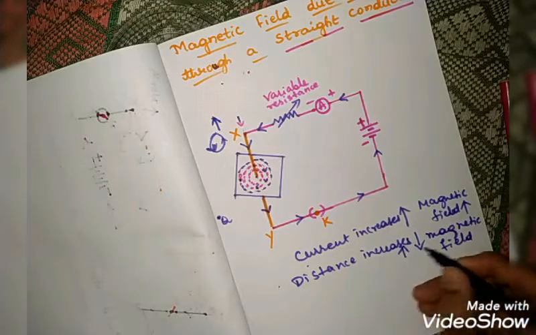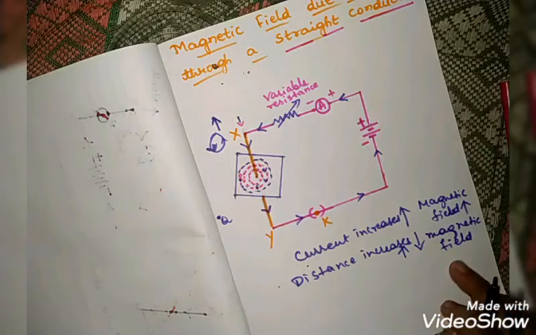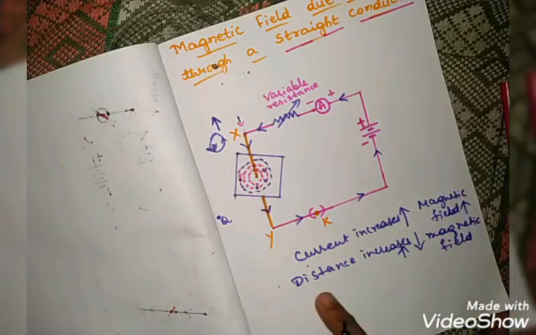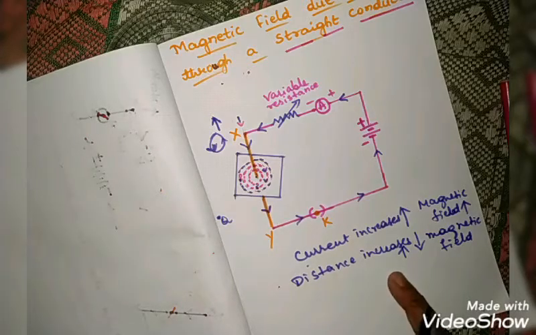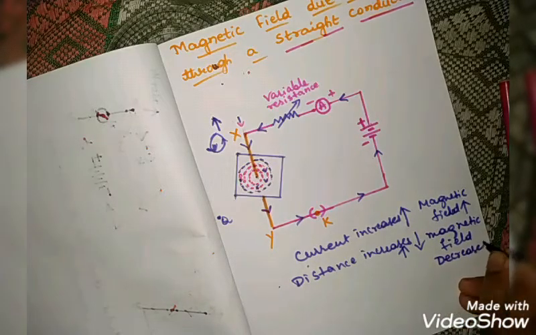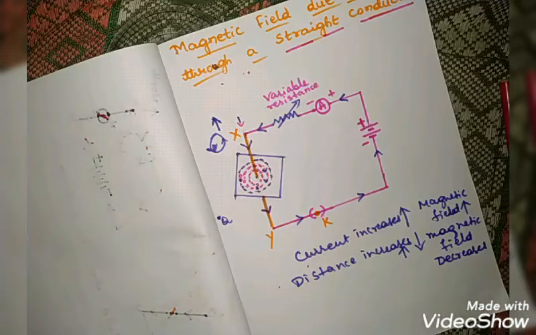When current increases, the magnetic field increases. When distance increases, what happens to the magnetic field? The magnetic field decreases, children. The magnetic field produced by a given current in the conductor decreases as the distance from it increases. So, this is the point you have to remember, children. The magnetic field depends upon these two factors.